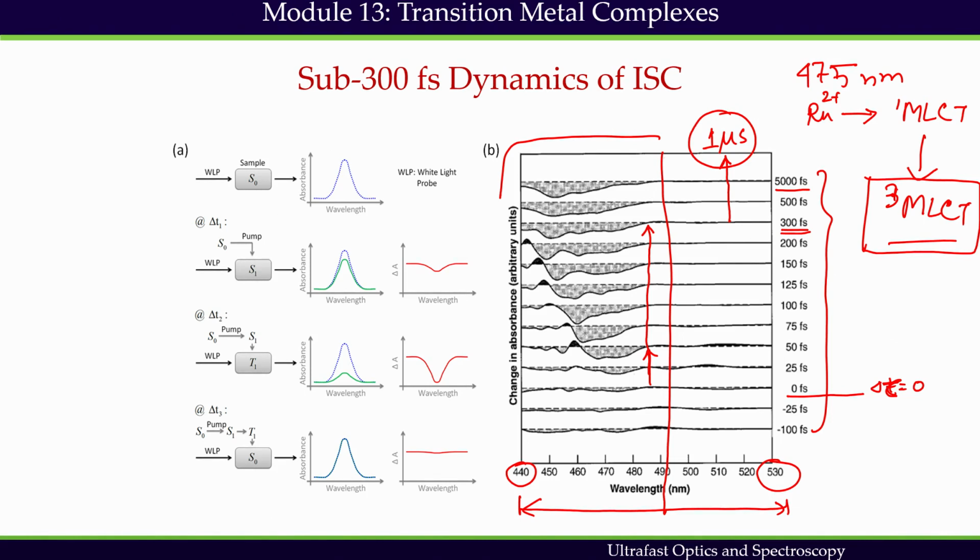There is no evidence of any additional significant changes in the absorption properties of the complex in the spectra collected from 300 femtosecond to 5 picosecond and even for 1 microsecond. All of the kinetic and spectroscopic data are therefore consistent with the system being essentially established in the 3MLCT state in 300 femtosecond, implying a half-life of the formation of the 3MLCT state on the order of 100 femtosecond.